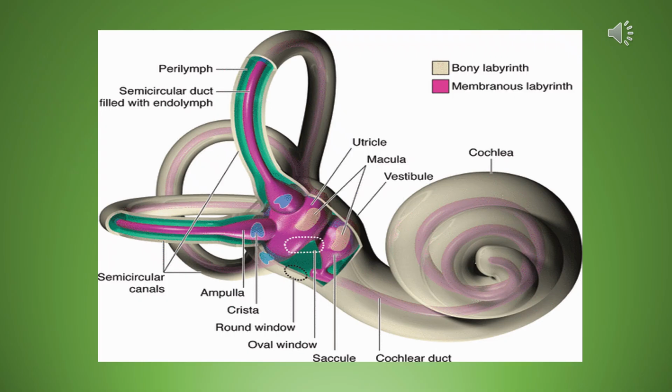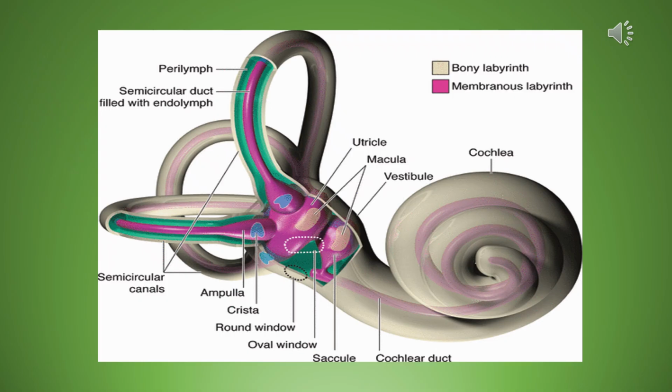Then we have the semicircular ducts. Notice that we have 3 of them, so we can perceive motion in angular directions. Are you spinning around is the question that we're asking here. So it's not so much are you moving up, down, left, or right. Is your head spinning around? So that is the work of the 3 semicircular ducts.